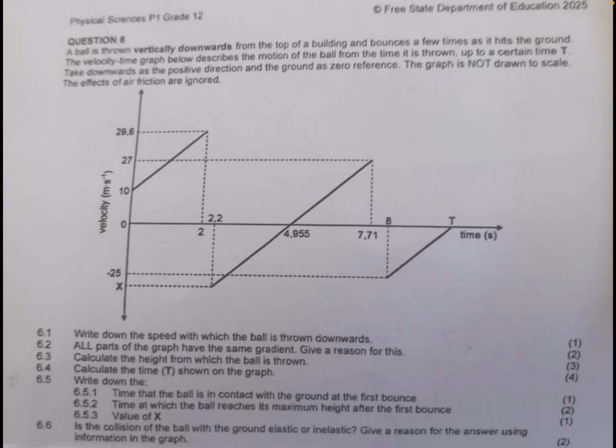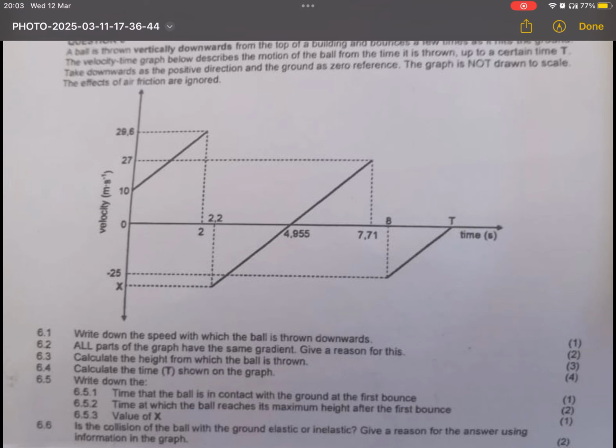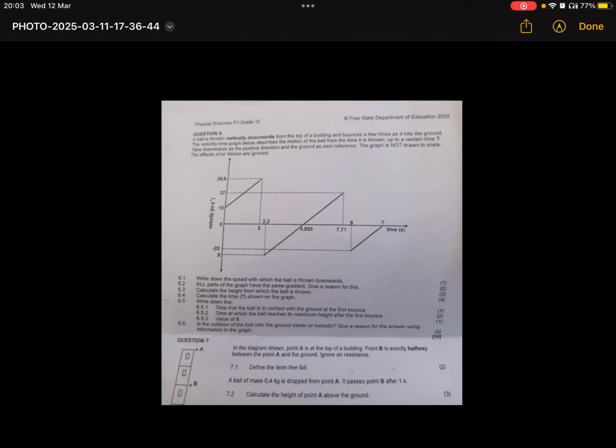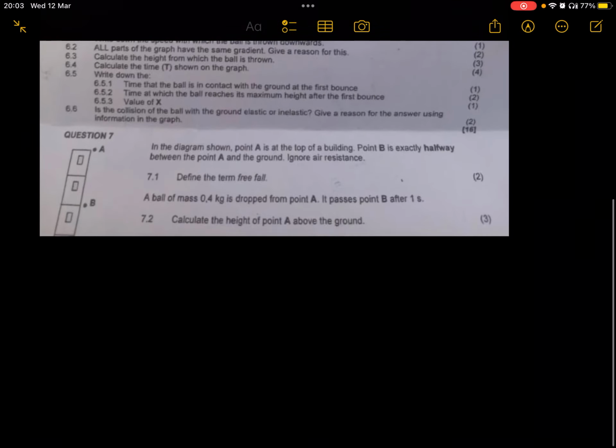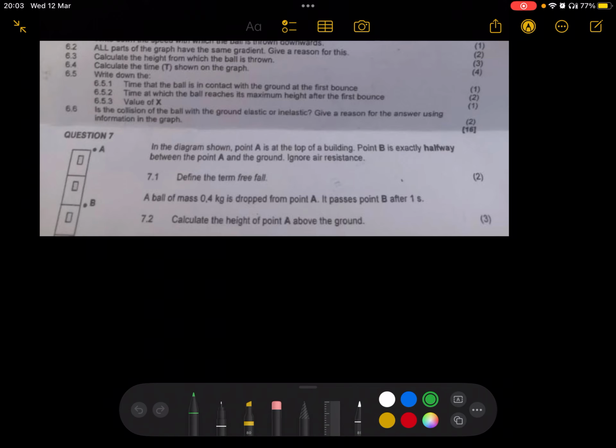Alright, I did 6.1 up to 6.5 on my own. But first, the best thing to do when dealing with a question like this is to have a scheme of some sort.